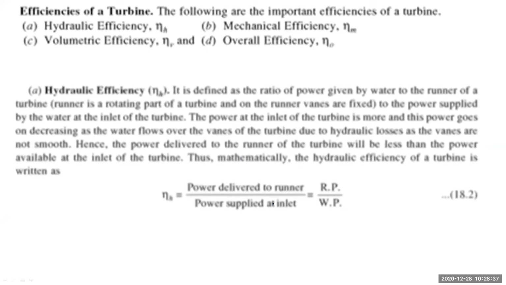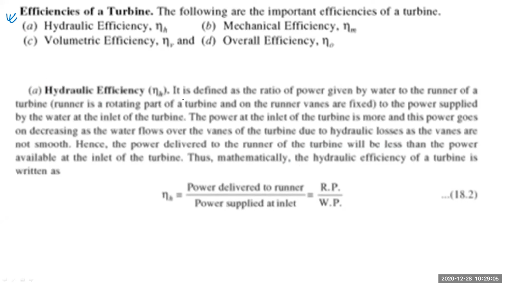Now coming to the efficiency. These are the four efficiency terms, very important from your examination point of view, for theoretical questions. They will ask you what is meant by ABCD. In ABCD, hydraulic efficiency, mechanical efficiency, volumetric efficiency, and overall efficiency will be written. First, try to understand what hydraulic efficiency is.